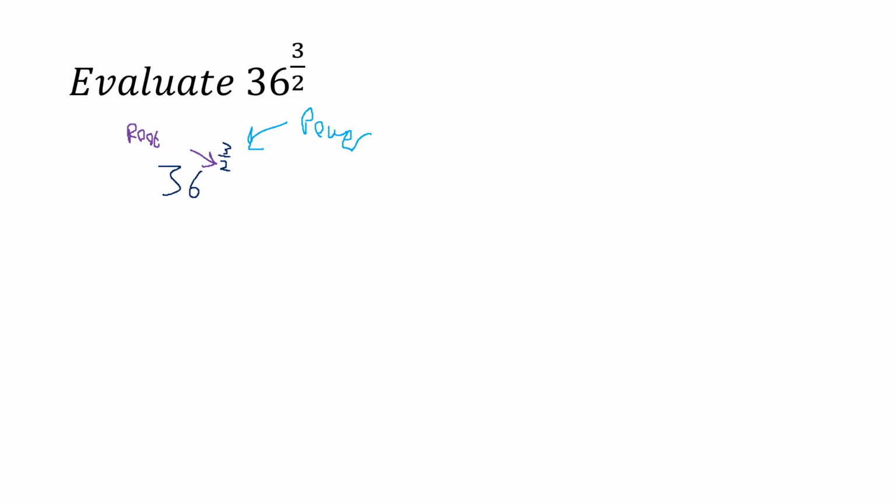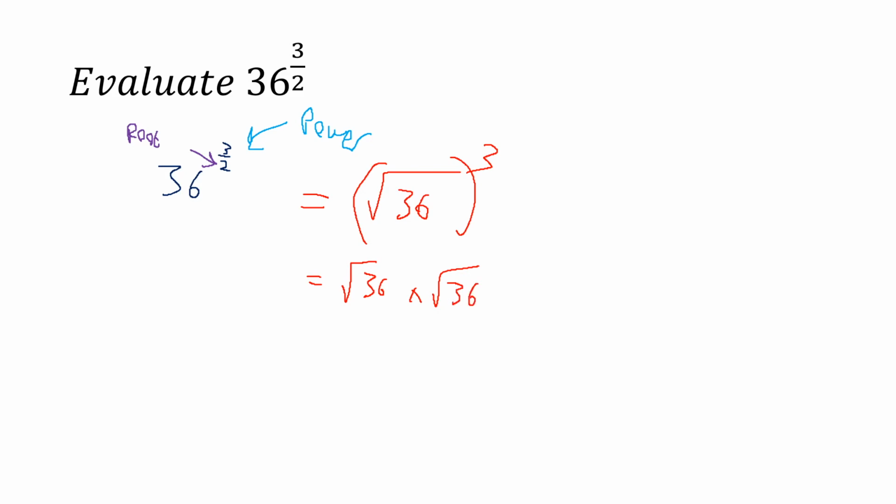So all we're doing here is the square root of 36 all to the power of 3, which is the same as root 36 times root 36 times root 36. We know that root 36 is equal to 6, so that's just 6 times 6 times 6, which is the same as 216.